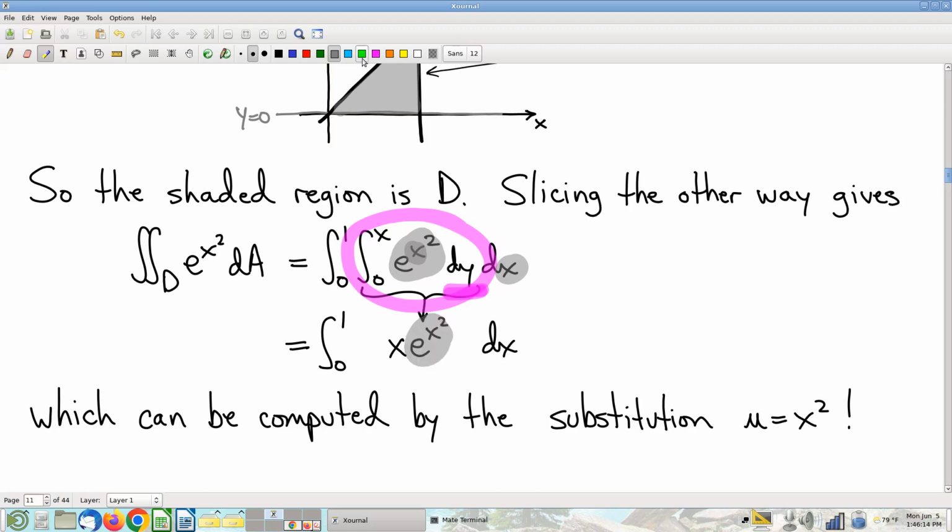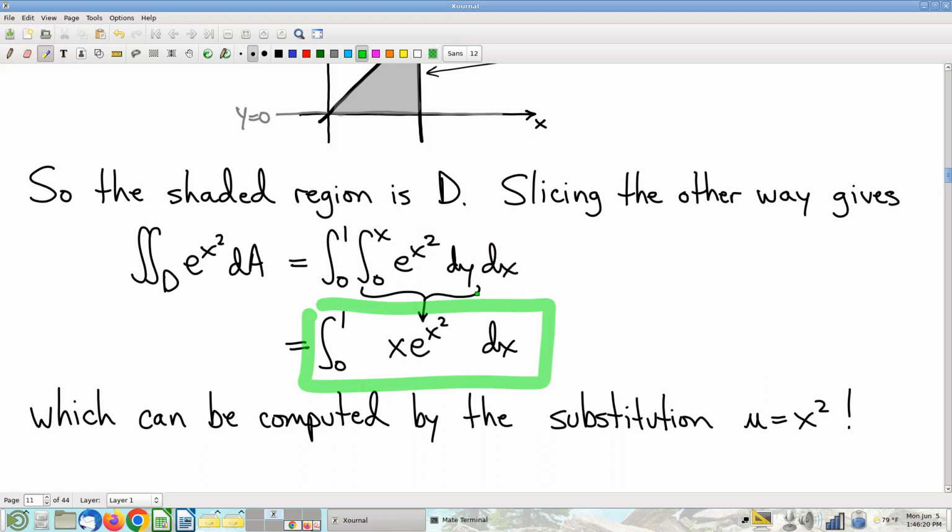And that leads to this integral. Let me just erase all this. This integral here, not the same integral. You do see the scary e to the x squared here, but because of the inside integral and how that worked out, there's this very helpful extra factor of x, and you can totally do this integral with a substitution.